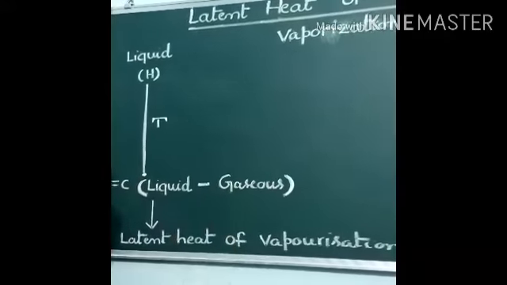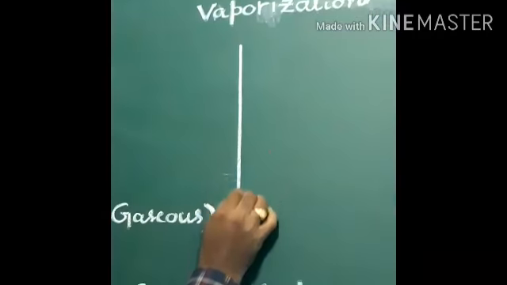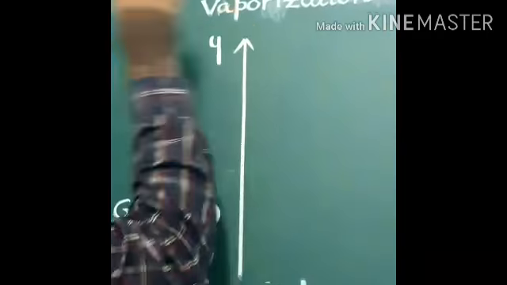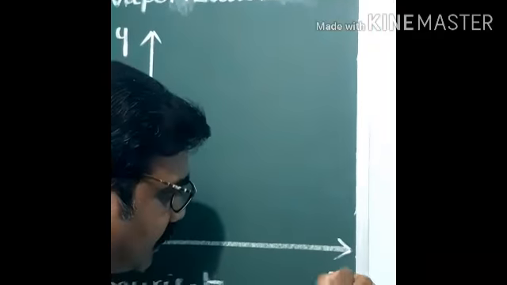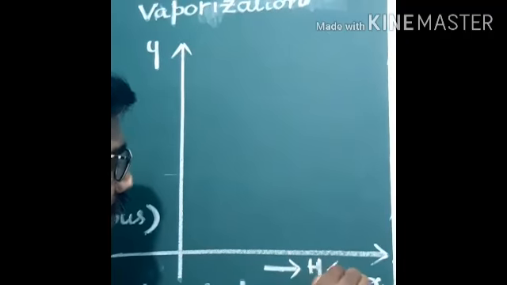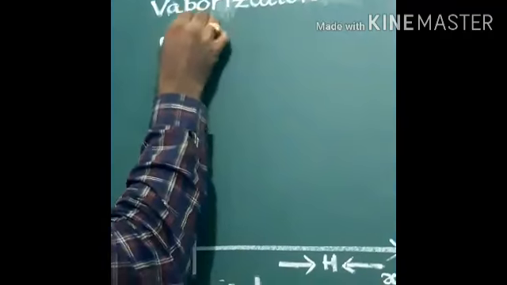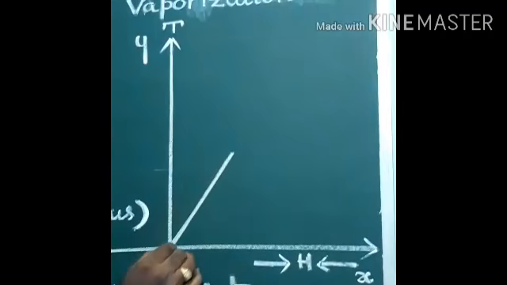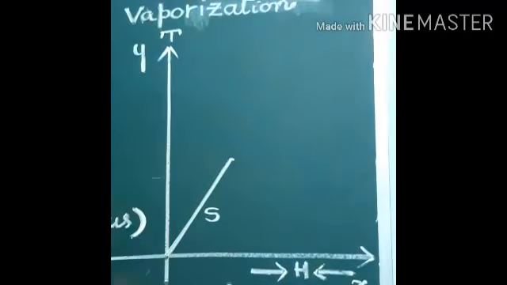How can we explain it? This is the y-axis and this one is the x-axis. On the x-axis, I have given heat, and on the y-axis, temperature. For the solid substance, the temperature increases up to a particular point.